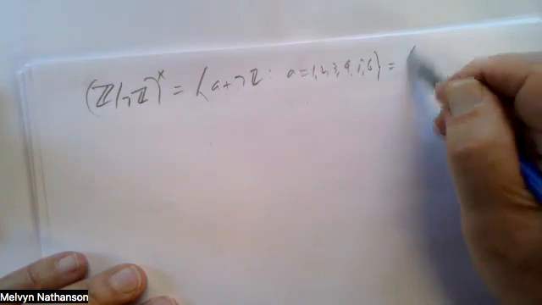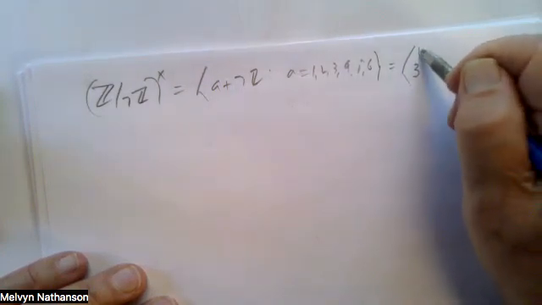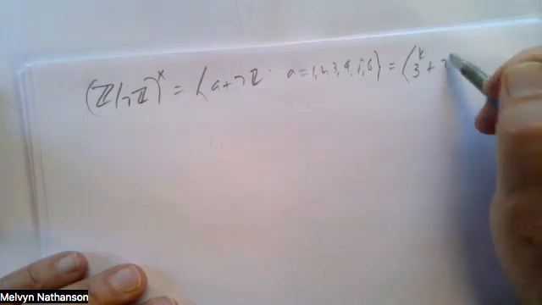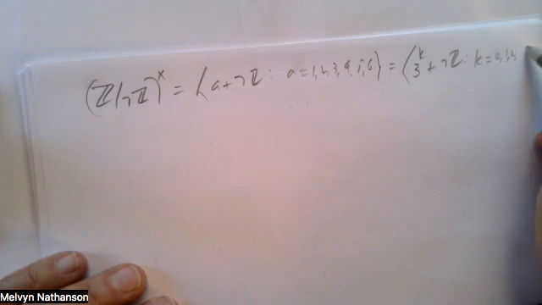This is the set of all powers 3 to the k plus 7Z, k goes from 0, 1, 2, up to 5.